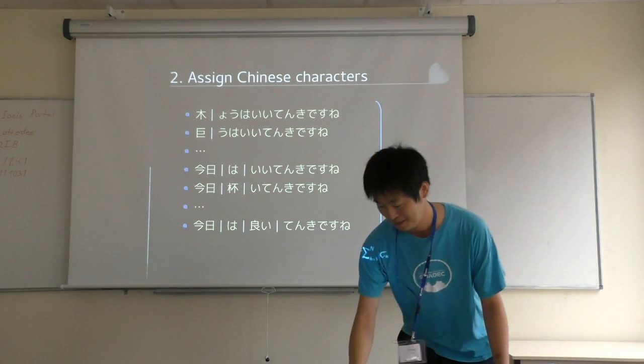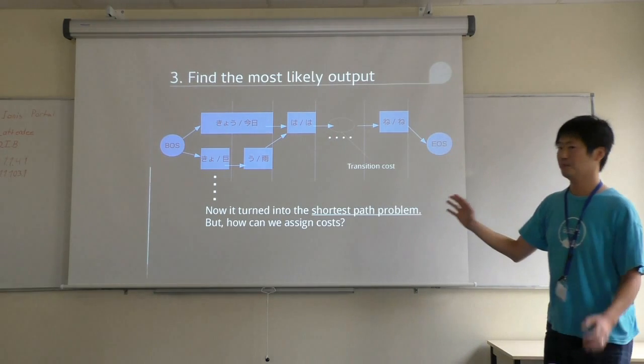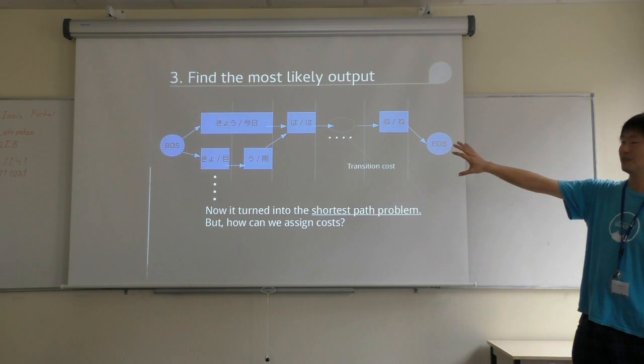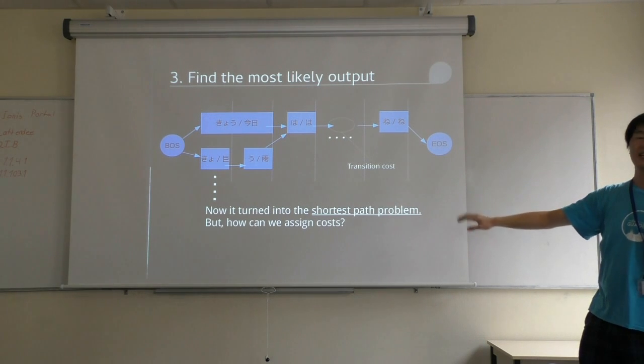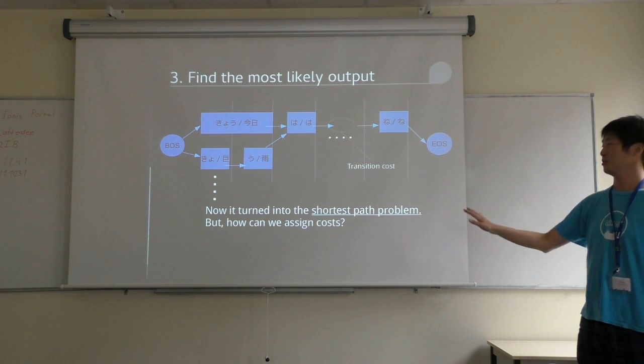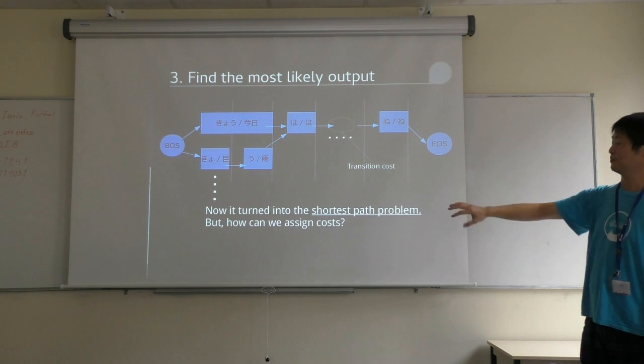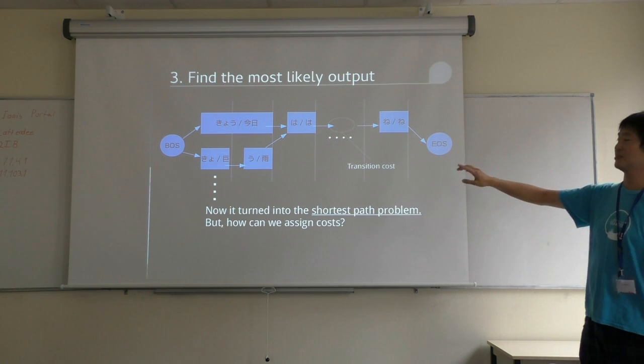Then we put the possible candidates into a graph structure and compute the shortest path, representing the most likely sequence.